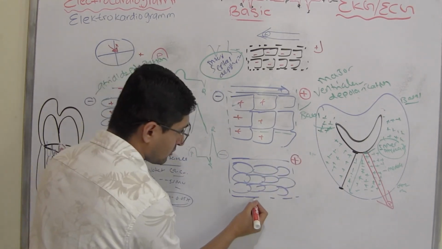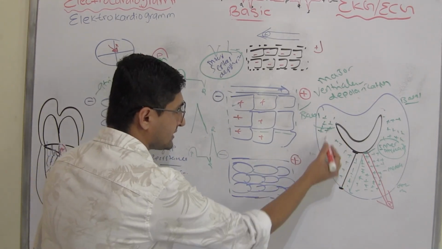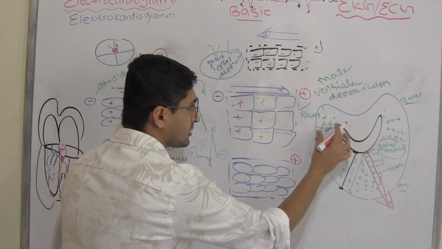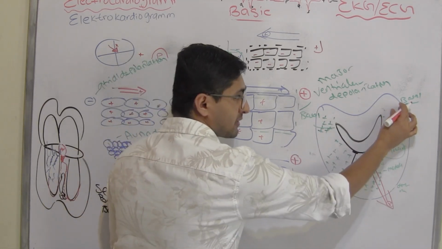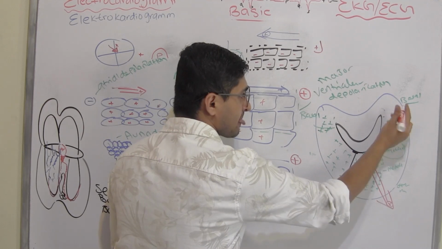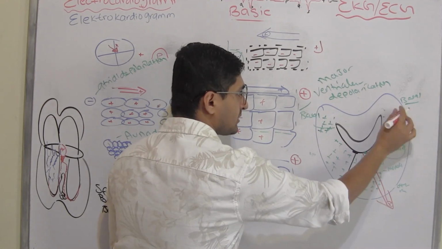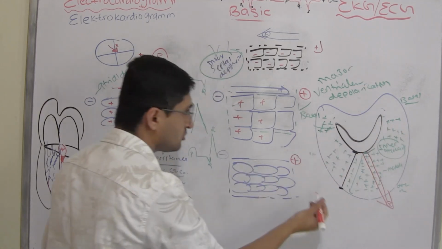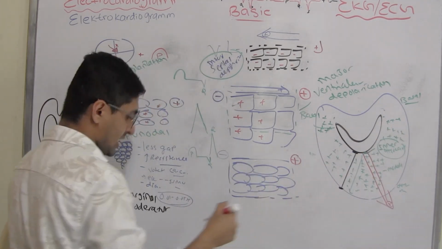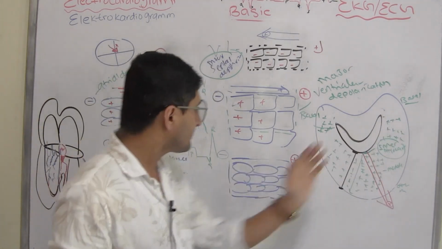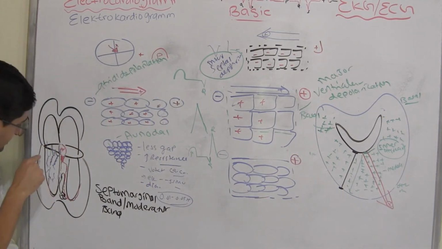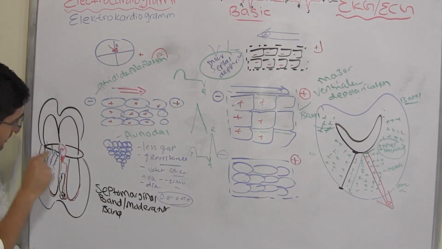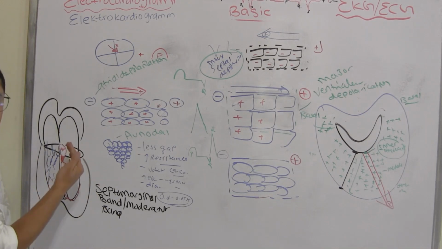So now remember, what is happening is that the last part of the ventricle is going through the process of depolarization. So obviously, because this side is thicker than this side, we're going to create a vector that is going to move upward to the right.